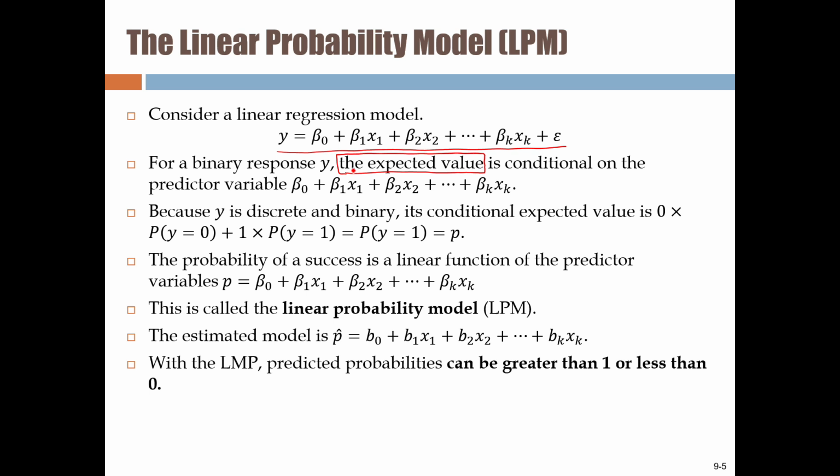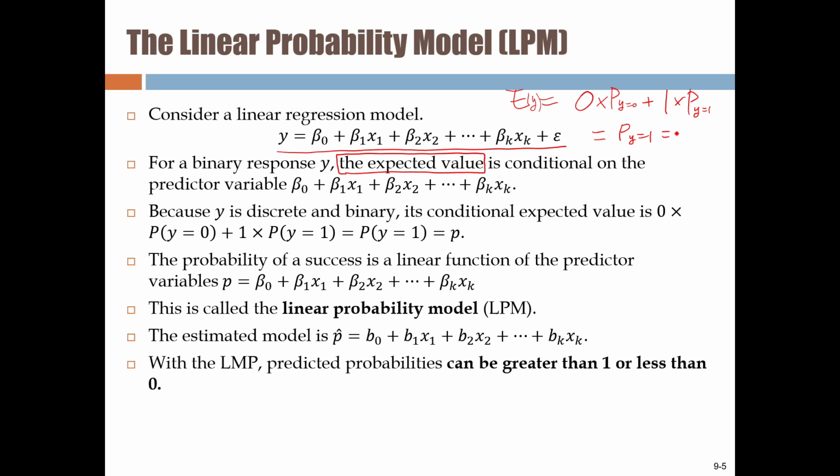So what will be the expected value? In the calculation, because our value is 0 or 1, the expected value of y will be 0 times the probability that y equals 0 plus 1 times the probability that y equals 1, right? So therefore this expected value will be simply P of y equals 1.